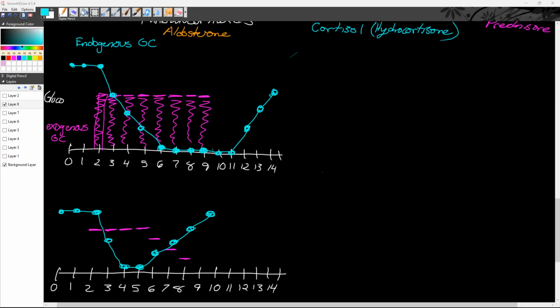So what is the danger of having these days where you don't taper? Essentially you are creating something called adrenal insufficiency.